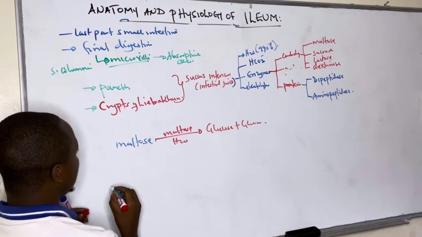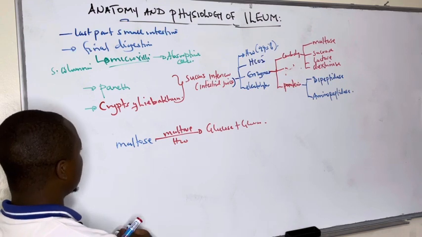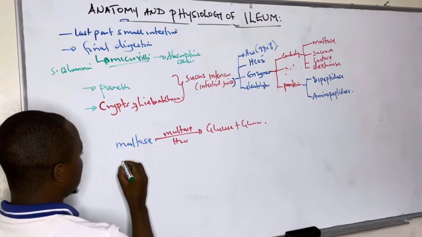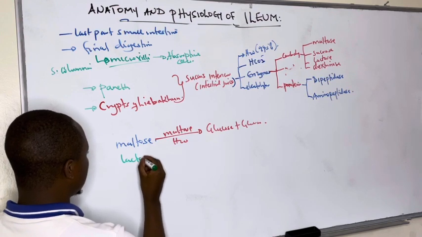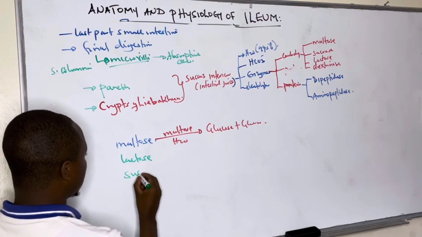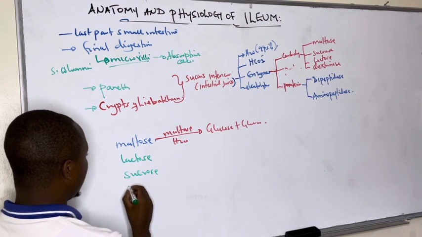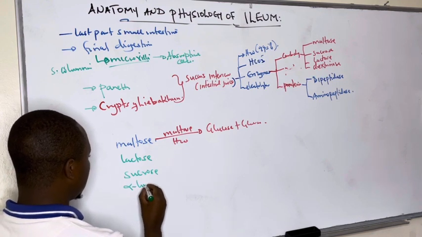Then we see if we have another substance like sucrose, maybe you can have lactose, you can have sucrose, we can have alpha limit dextrins.